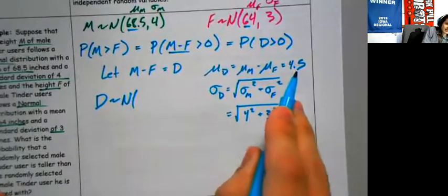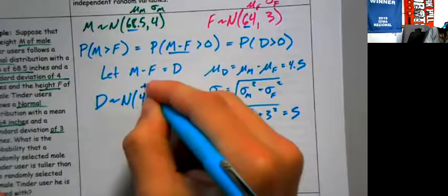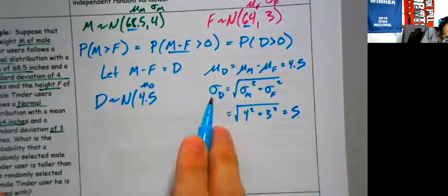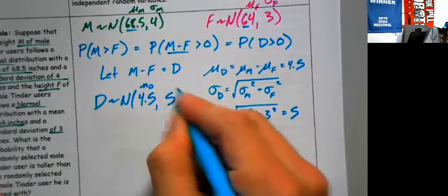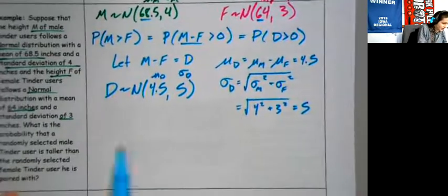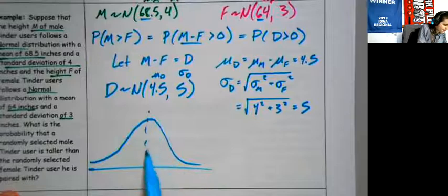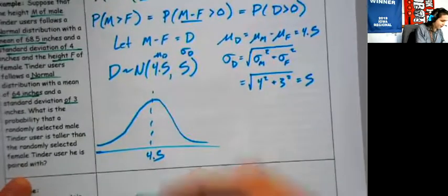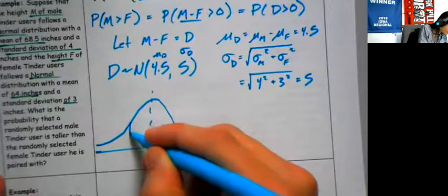The average difference in Tinderers' heights is 4.5 inches, that's mu D. And the standard deviation of the difference of Tinderers' heights is 5, that is sigma D. So what could we do? We could say, okay, well, here's D. There's 4.5, and we're looking for what's the probability it's greater than 0.